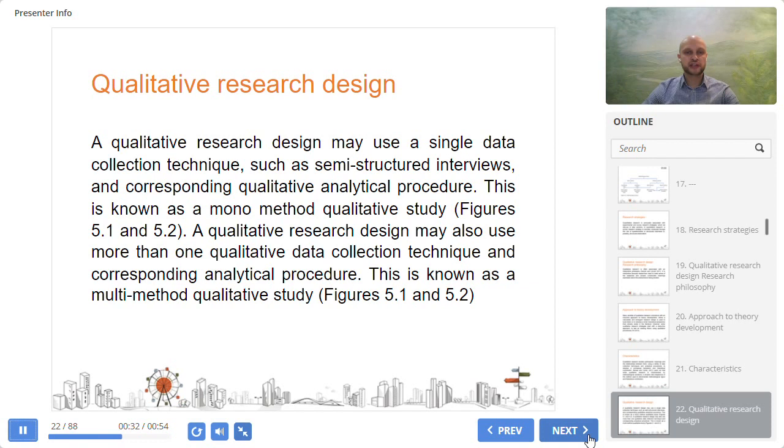This is known as a multi-method qualitative study. You might, for example, decide to collect qualitative data using in-depth interviews and diary accounts, analyzing this data using qualitative procedures.